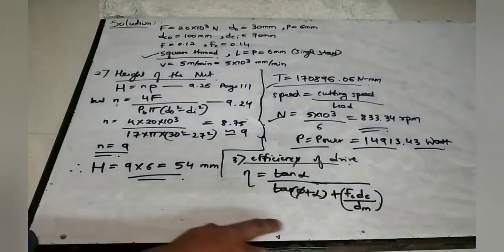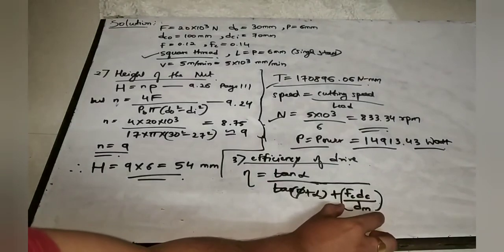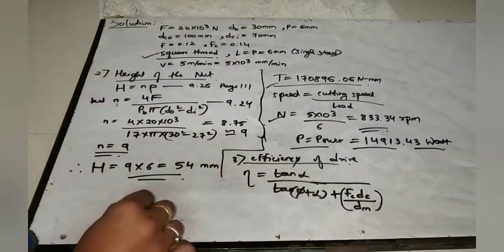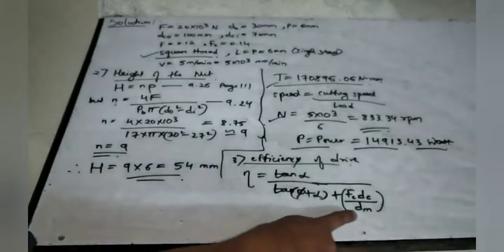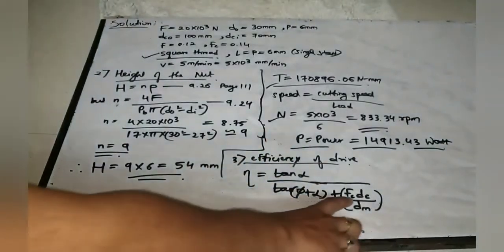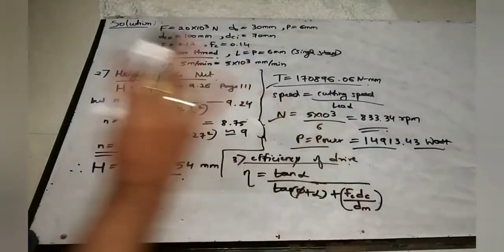If you are including collar friction, this term you have to add, FCDC by dm. So you don't need to remember this. So here you see this term is there, no? In the equation which you have used, torque required to raise the load including collar friction, this term only you can just add, FCDC by dm. Okay. So this part you remember, which is not there in the data handbook.